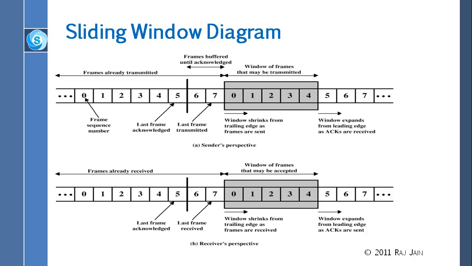And this window keeps expanding and contracting depending upon how the receiver allows or how you transmit. And if you keep it in lockstep, this window keeps moving, in the sense that if you just wait for the acknowledgement, as soon as the acknowledgement comes back, you send 1, then this can keep moving. So this is called a sliding window. Here in this example, the window at this point is 3, then it is 2, then it is 1, then it is 0.